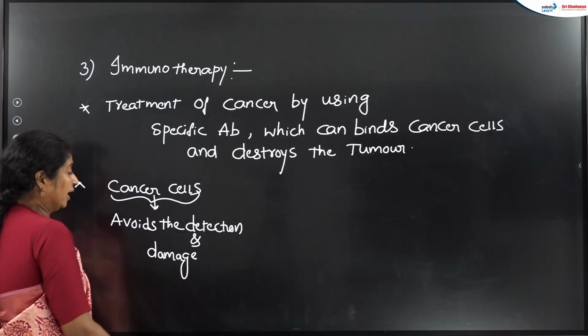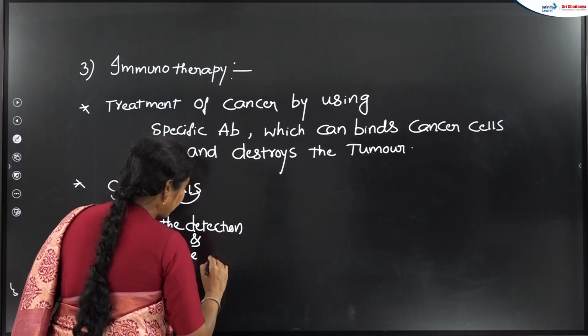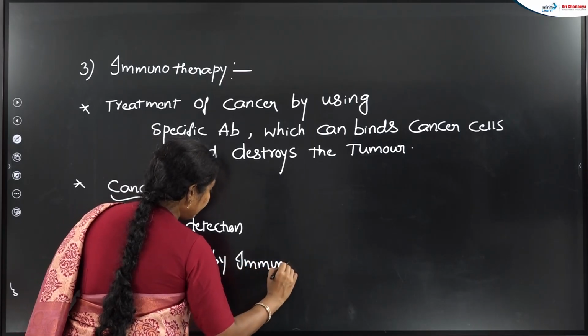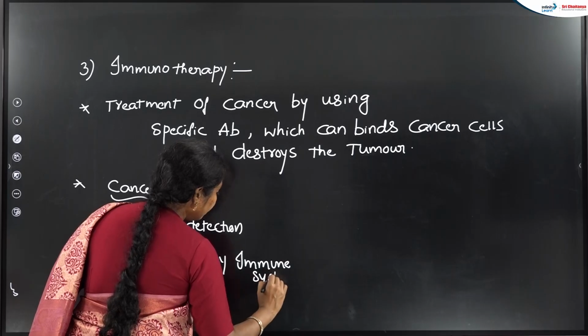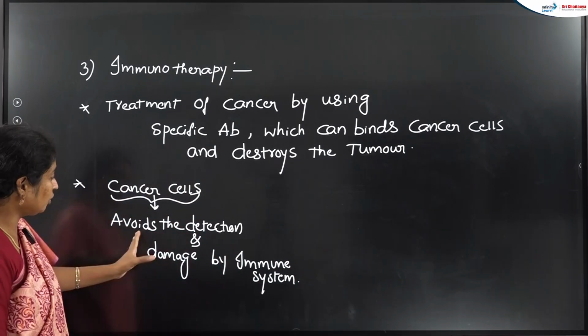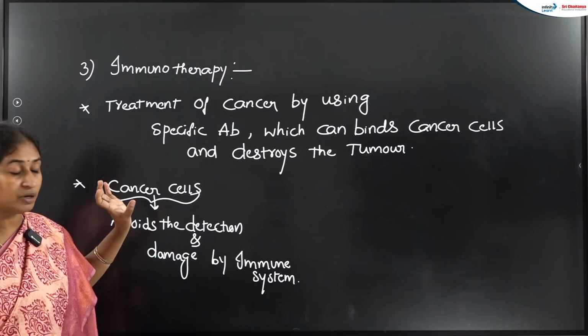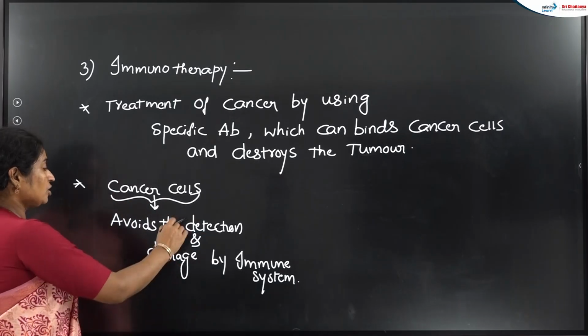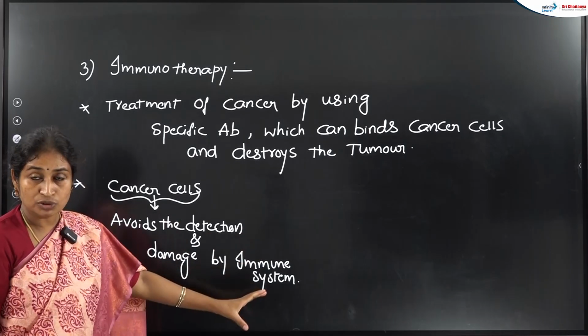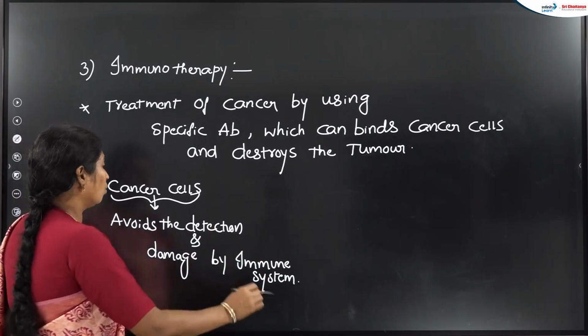They avoid detection as well as damage by the immune system. For that reason they grow very fast, because they are escaping from our immune system due to some hiding property, and they start uncontrolled division.